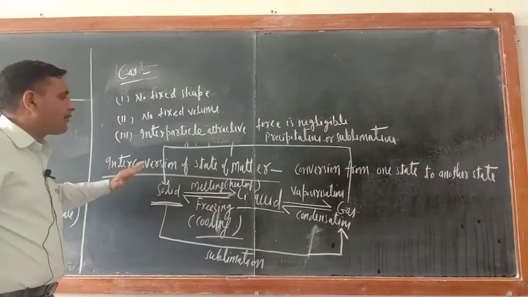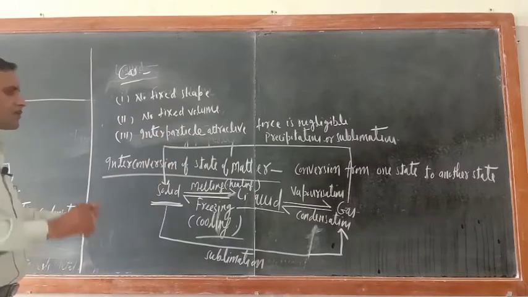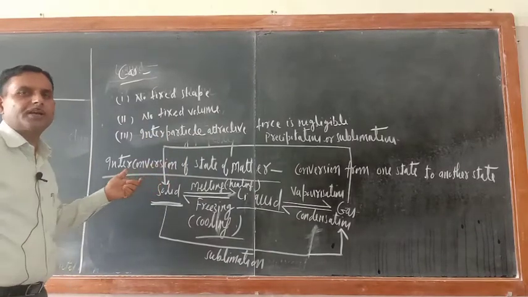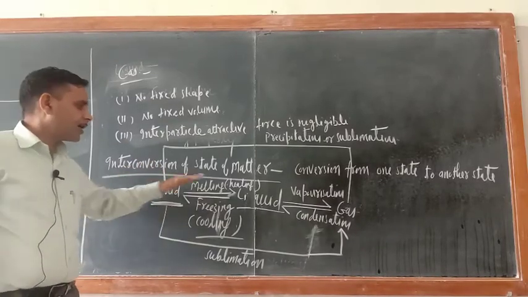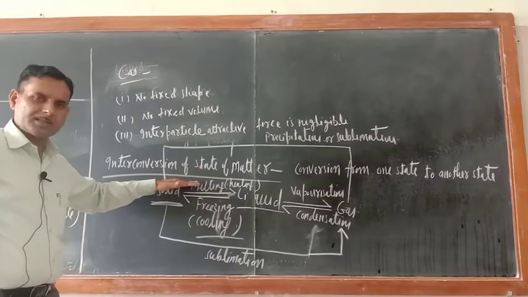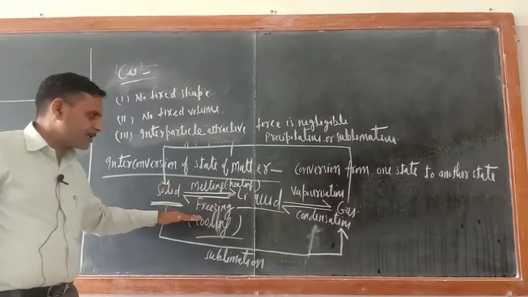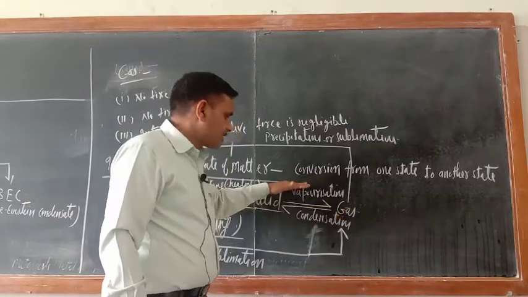Now let us have an idea about the interconversion of states of matter. If you see carefully, how many processes are involved in the interconversion of states of matter? Conversion of solid into liquid. What is the name of that process? Melting. Conversion of liquid back into solid, freezing. Conversion of liquid into gas, vaporization.